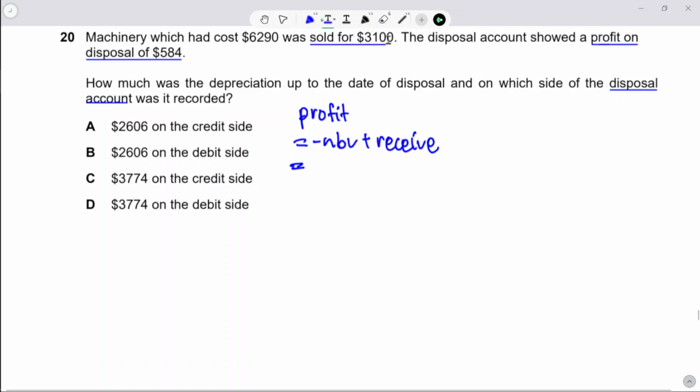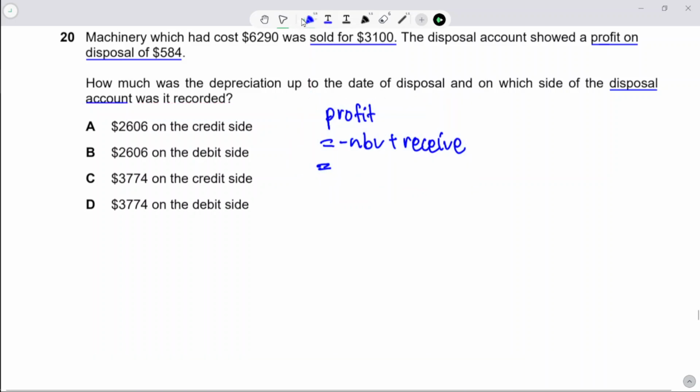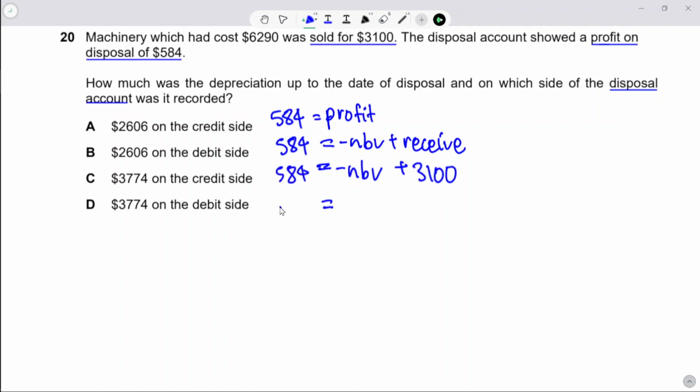So you sold for this amount, right? But the net book value will not show. They share the profit 584. So the net book value will become 2516.